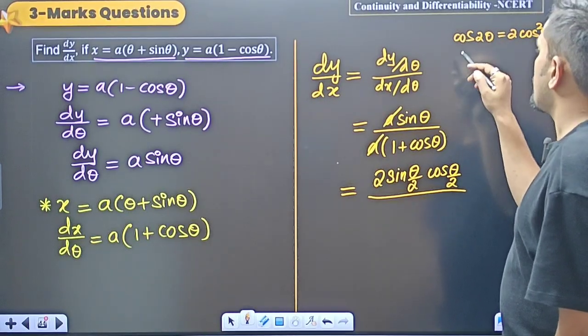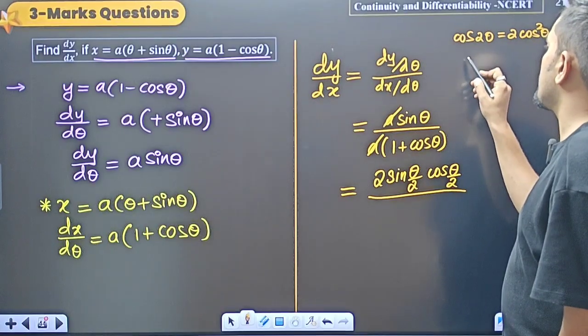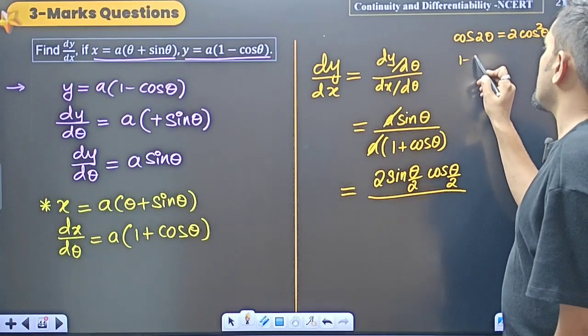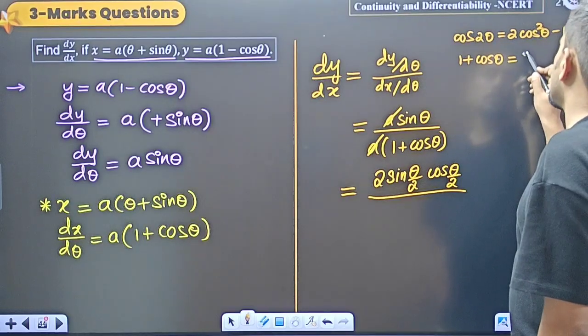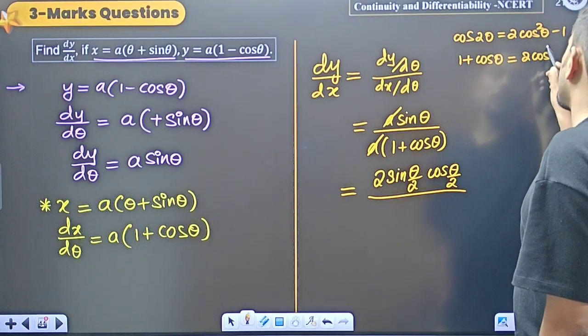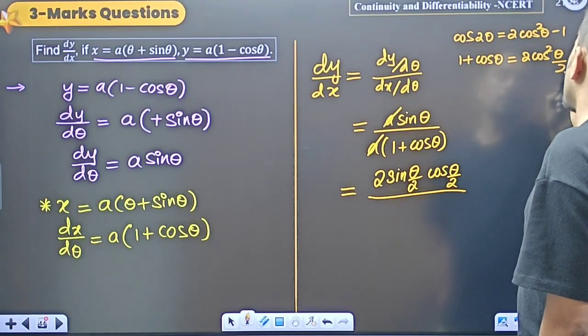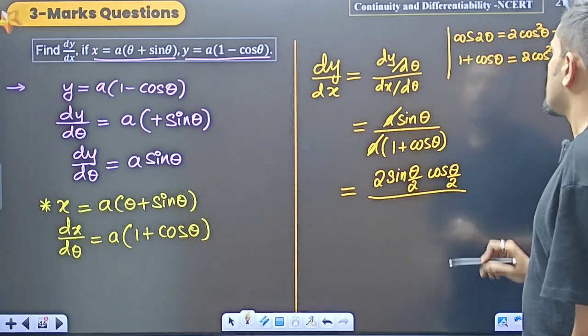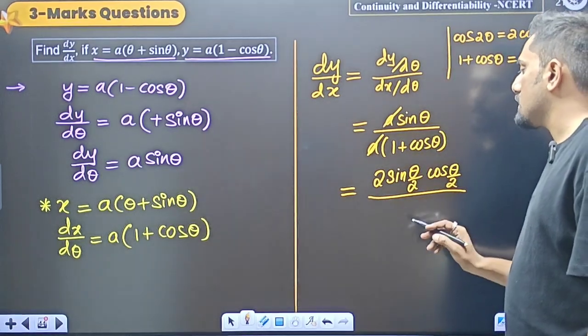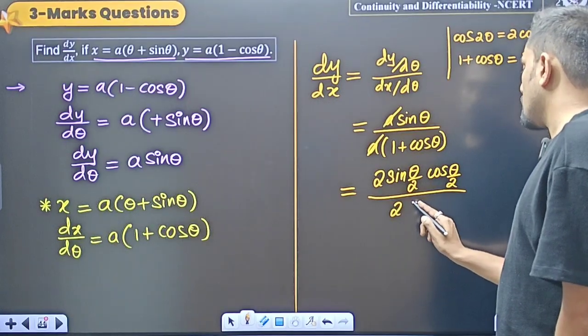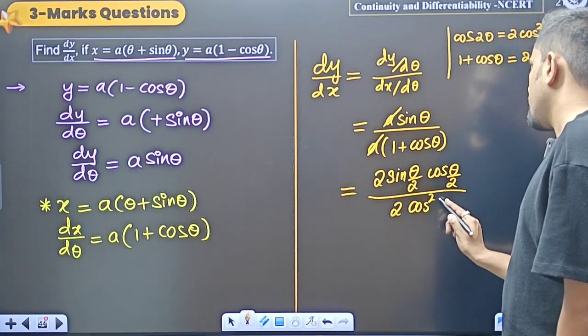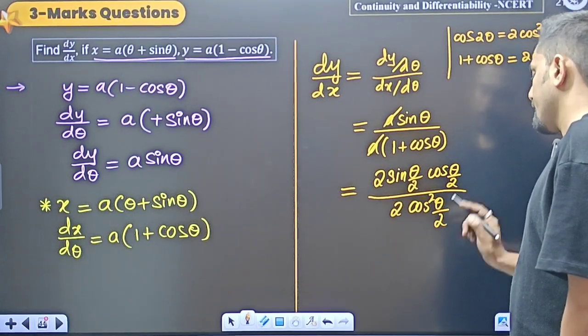If you convert this into half angle, then 1 plus cos theta becomes equal to 2 cos square theta by 2. So in place of 1 plus cos theta, what I will write is 2 cos square theta by 2.